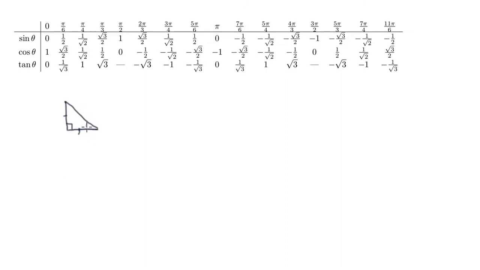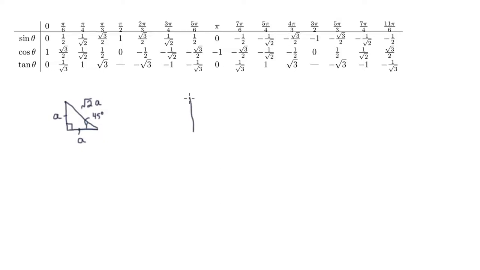And so this angle 45 is really pi over 4, so 45 degrees or pi over 4, and we have some special values. So if this leg is a, this leg is also going to be a, and this leg is going to be square root of 2a by the Pythagorean theorem. So we had this sort of special relationship with 45, 45, 90 triangles, and that's where these trig values are really coming from. So pi over 4, this 1 over root 2, is really coming from this root 2 in the 45, 45, 90 triangle.